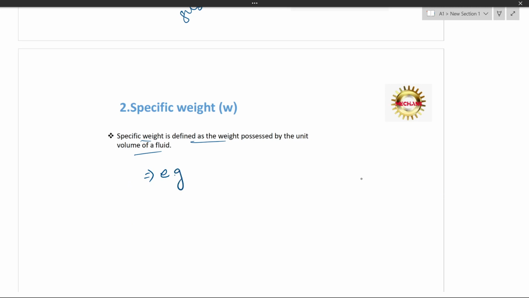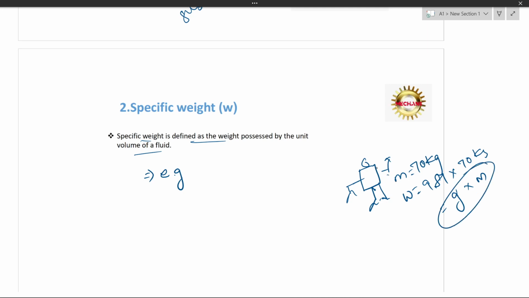If a person has a mass of 70 kg, what's his weight on the Earth? Earth has 9.81 as the acceleration due to gravity. So weight would be 9.81 times 70 kg, which is nothing but m times g.